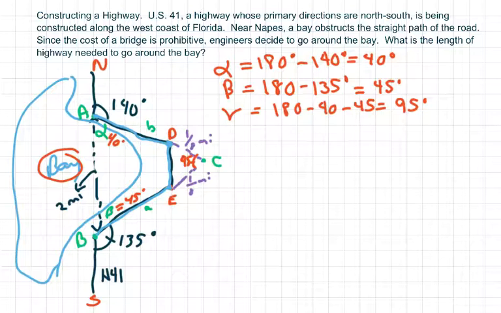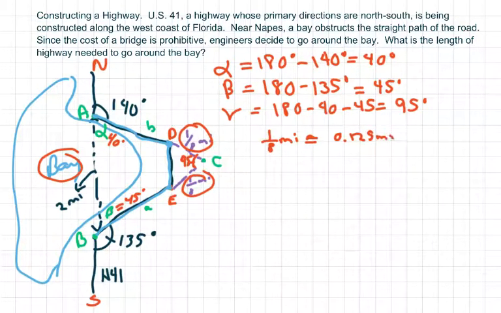That's your gamma. Also, this is 1/8 mile, and 1/8 mile, if you want to convert, equals 0.125. Makes it a little easier when you're using the calculator.